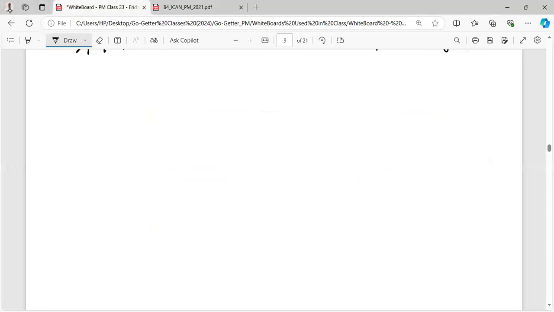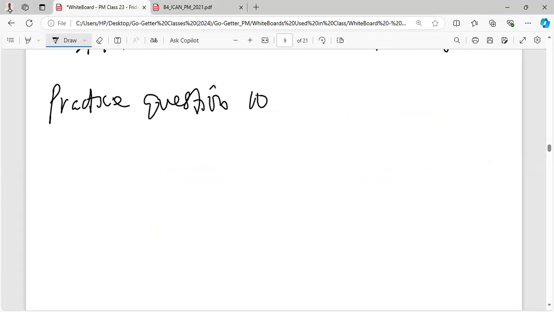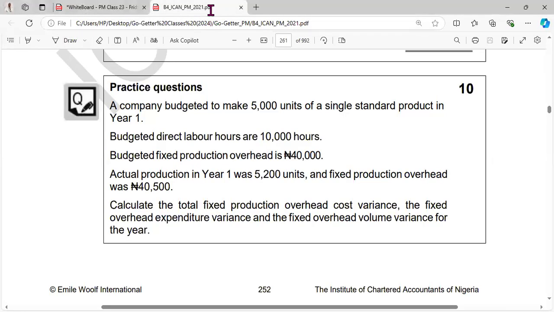This is practice question 10. The first thing we are asked to calculate is the total fixed production overhead cost variance.